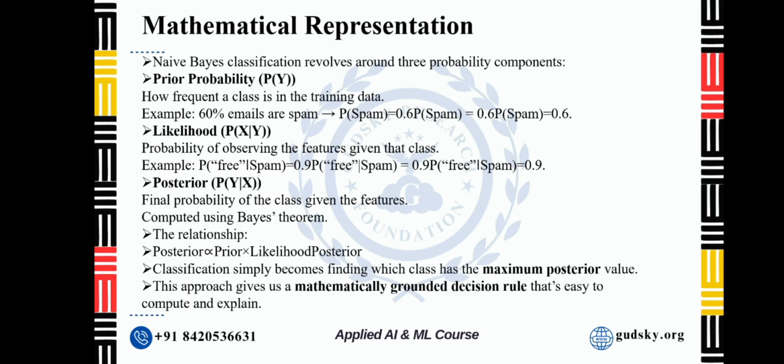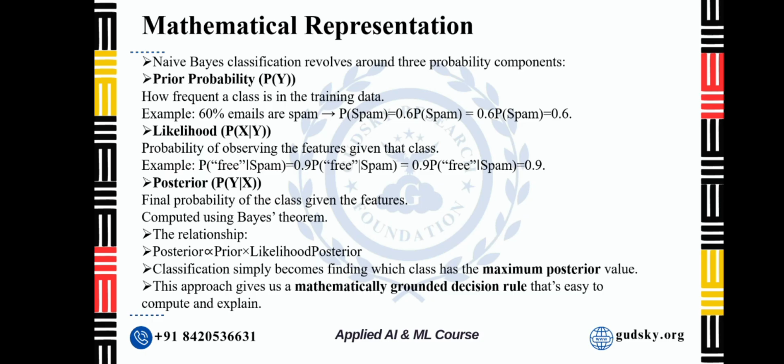Likelihood P(x | y): how likely we are to see specific features given that class. Example, if P(free | spam) equals 0.9, meaning 90% of spam emails contain free. Posterior means P(y | x): the final probability that the email is spam given the words it contains.